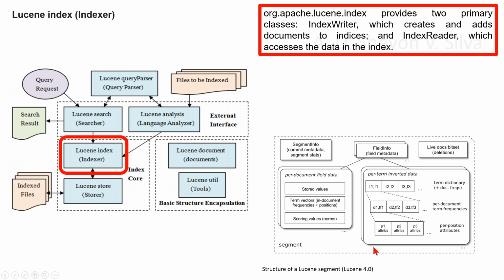Depending on the field options, various token attributes such as positions, starting or ending offsets, or position payloads are also stored in the inverted data. It is possible, for example, to omit positional information while still storing the in-document term frequencies.